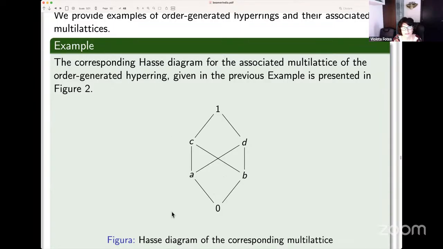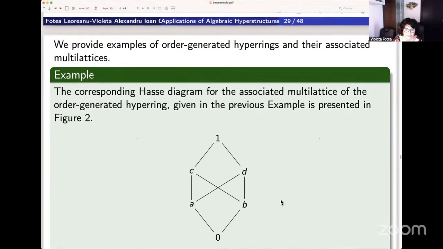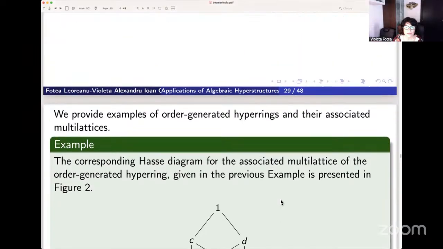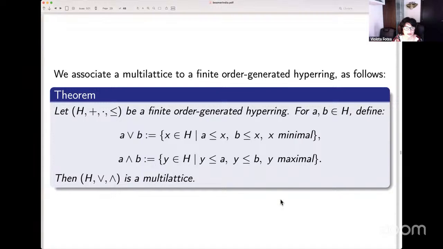So this is a very intuitive example of a multilattice, and it represents the hyperring given above, which is a connection now.